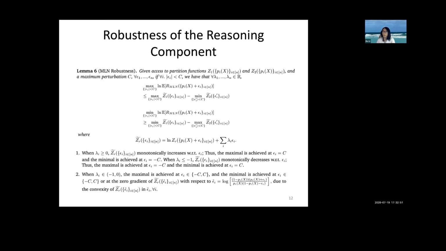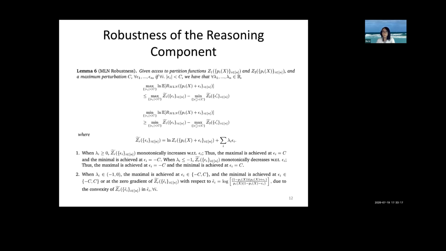For example, with lambda larger than 0, it monotonically increases. Because of the non-negativity and monotonicity properties, the min-max optimization problem becomes solvable in the MLN program compared with traditional neural networks.